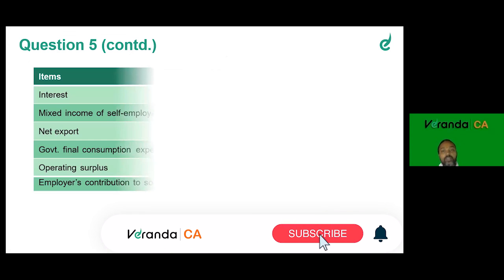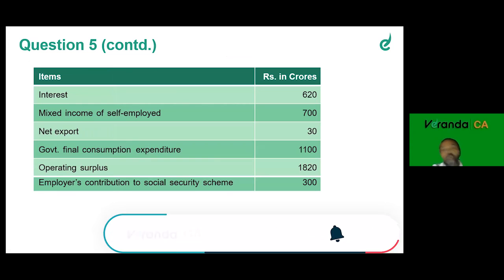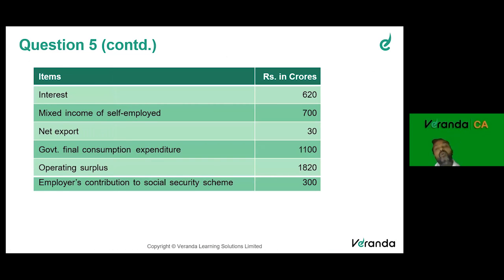Plus we are also going to have this 30 crores. Okay, so 4,030 crores is what we need to have totally as our GDP at market prices.